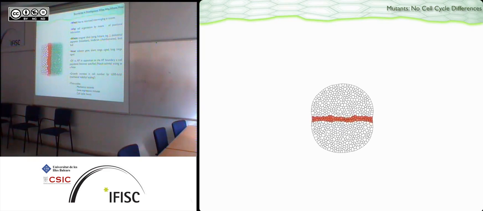I'm telling you this because we have to think a lot about something that many times is counterintuitive. For instance, you may think that what would be better for maintaining an organizer is that the affinity between cells is as large as possible.